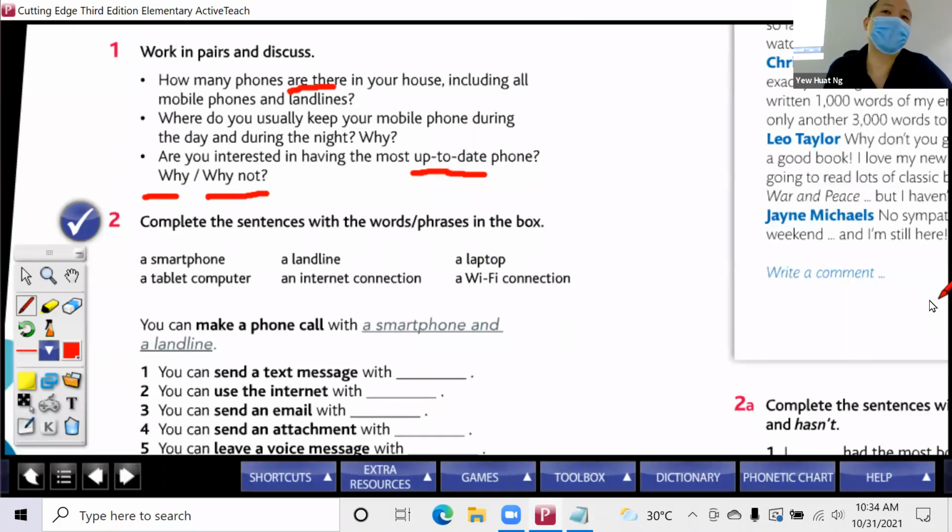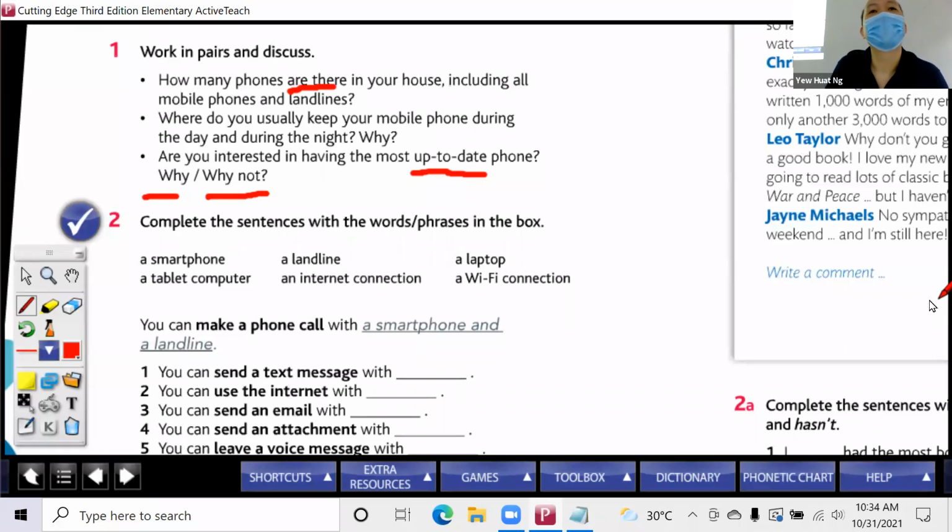Let's say if you have a lot of money, you won't do it. Why? Okay. Yes. Okay. Waste money. Yes.